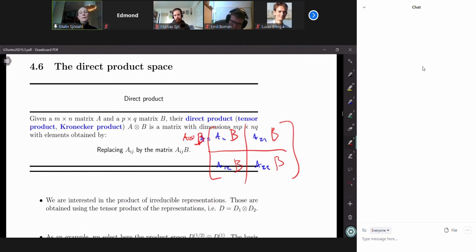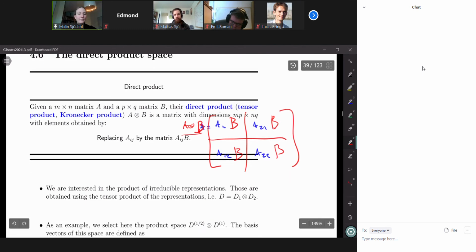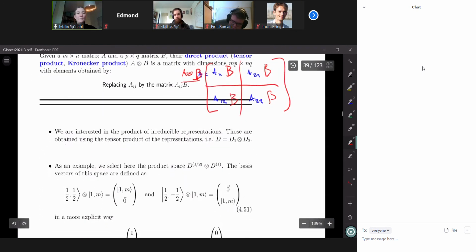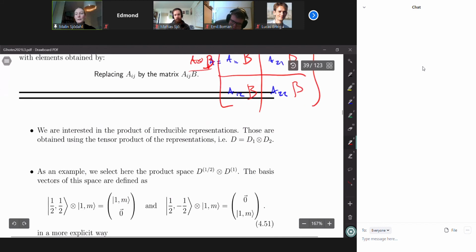So this is then the tensor product or direct product of two matrices A and B. And we will use such matrices to act on the direct product space. So we are interested in the product of irreducible representations.